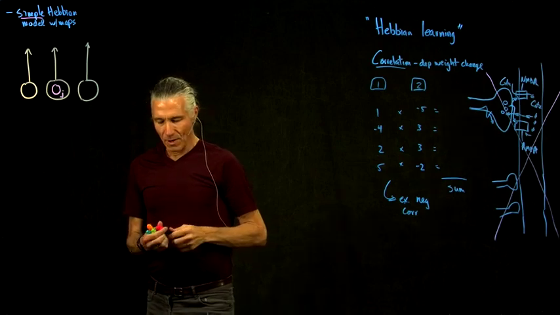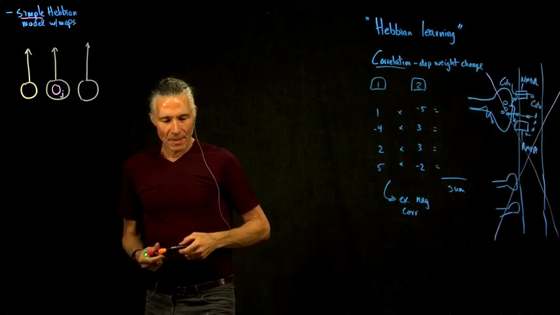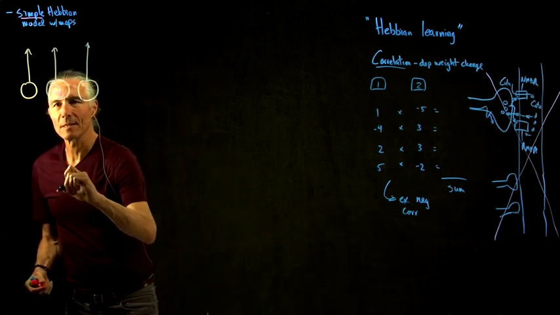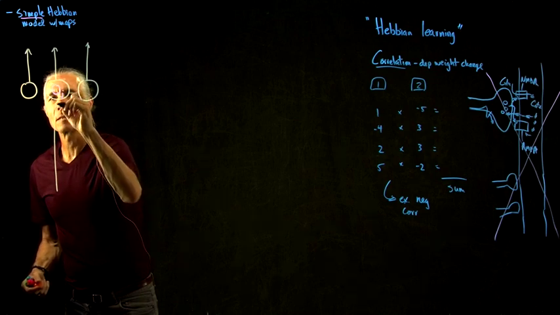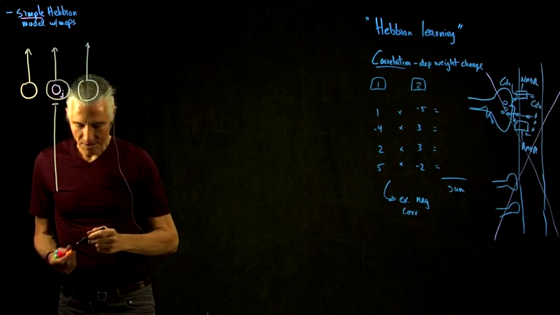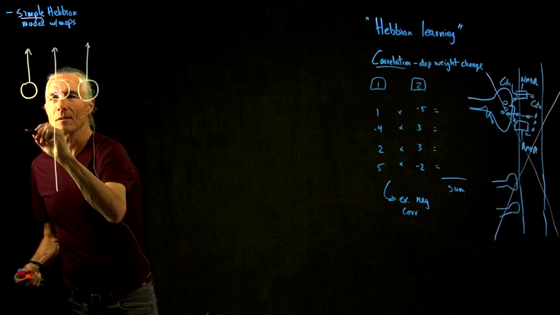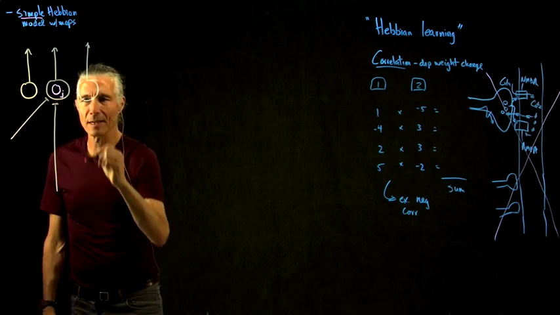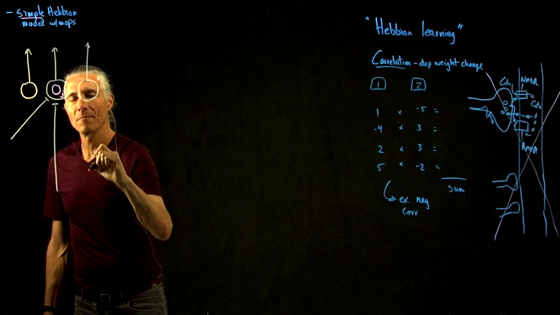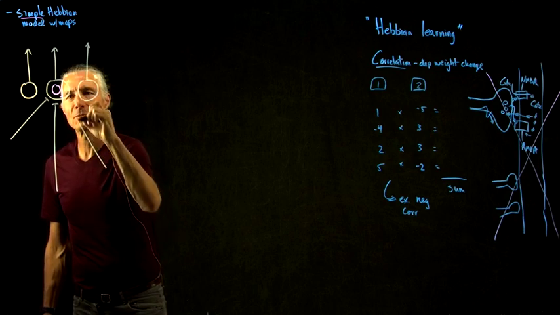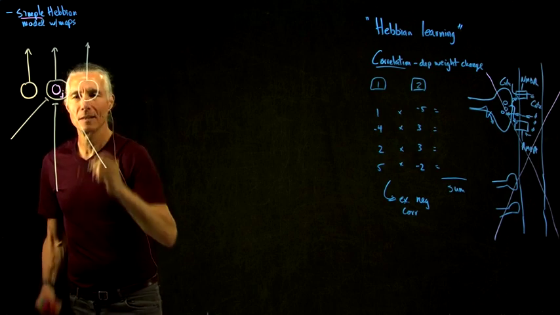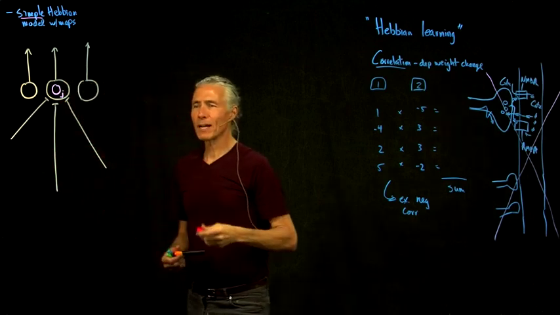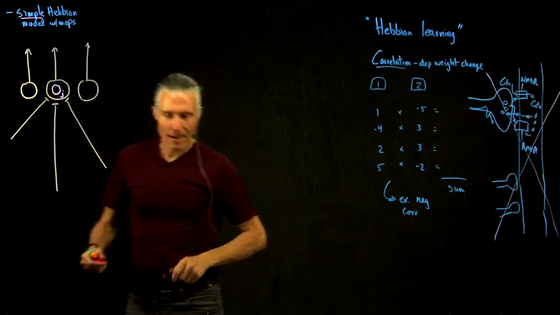And then we're going to look at the inputs coming to this guy. So here's some inputs coming to that guy. I'll just put 3 of them in there. And so now we have the weight.